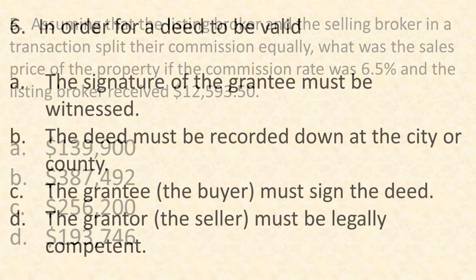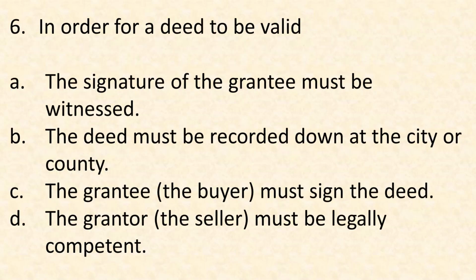Number 6. In order for a deed to be valid, A, the signature of the grantee must be witnessed. B, the deed must be recorded down at the city or the county. C, the grantee, the buyer, must sign the deed. Or D, the grantor or the seller must be legally competent.